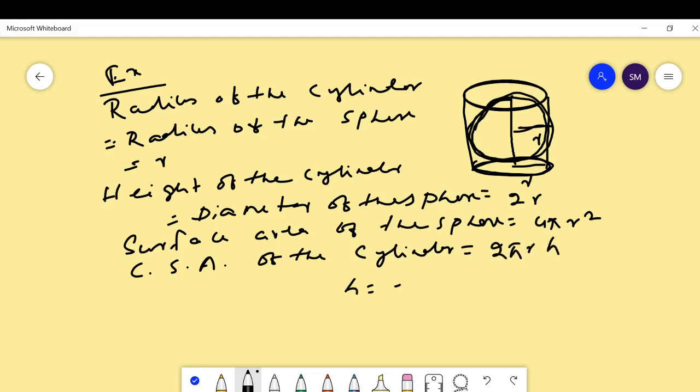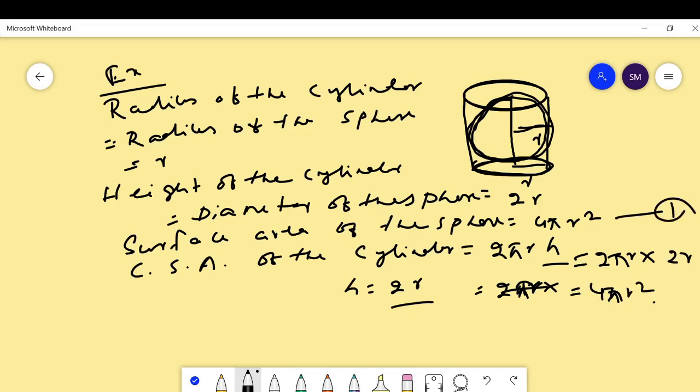Here h is equal to 2r, which implies 2 pi r into, in place of h write 2r, which is equal to 4 pi r square.